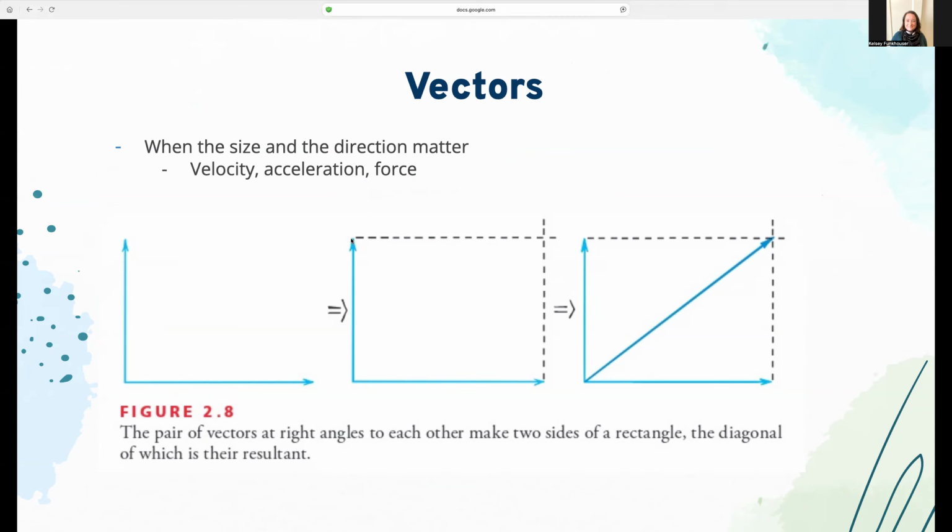But anyway, you draw a dashed line that is parallel to this vector, and then one that's parallel to the other vector. And then to find the resultant, you draw a new vector from where they meet to the other corner. So it's kind of like the diagonal of your parallelogram. We're going to look at more examples of this, but I'm just introducing the idea.